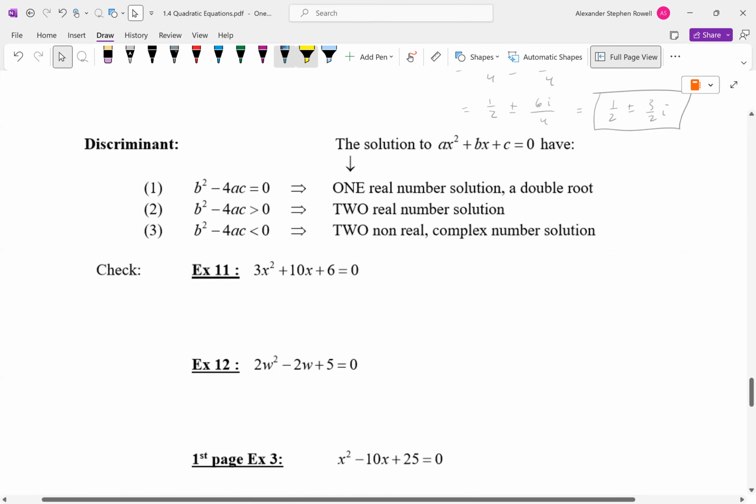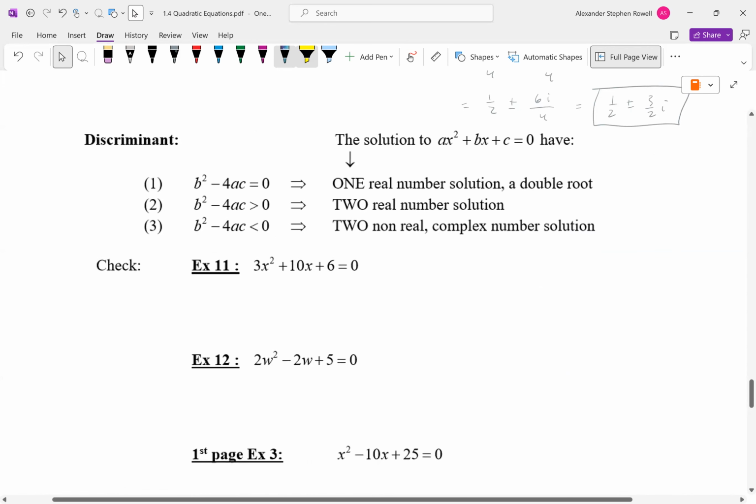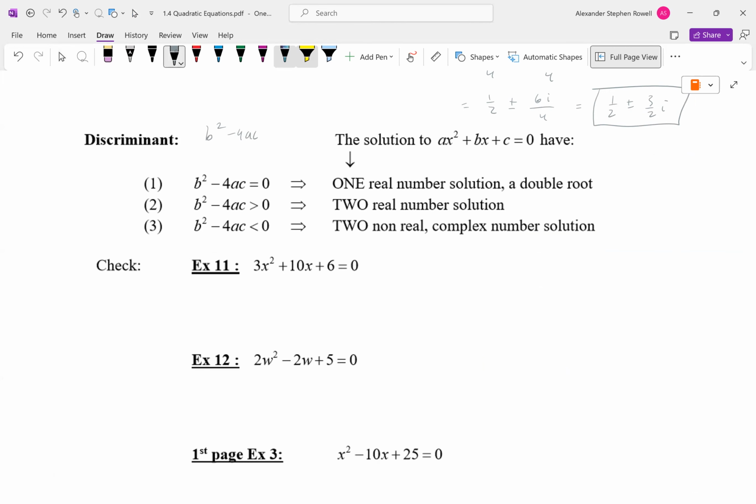Okay, have you heard of this term discriminant? It's just referring to what's inside the radical of the quadratic formula, b squared minus 4ac. So nothing new to memorize, right? So when do we have complex numbers? When that is negative, right? Square root of a negative is i, right?